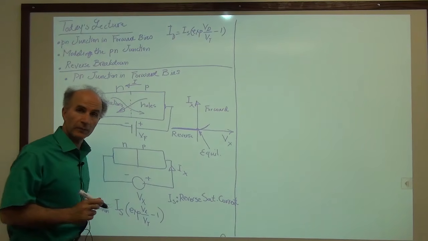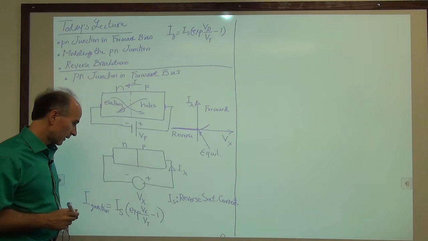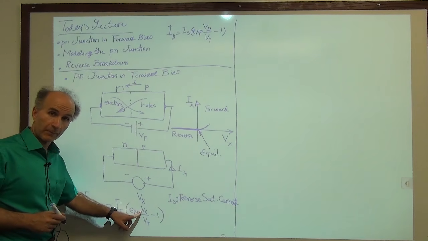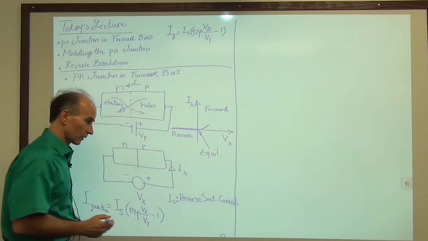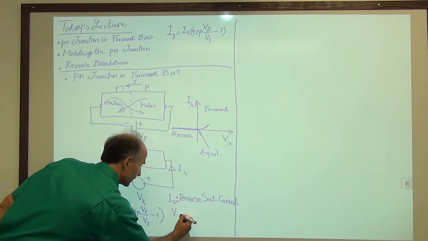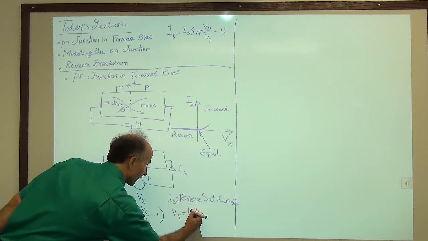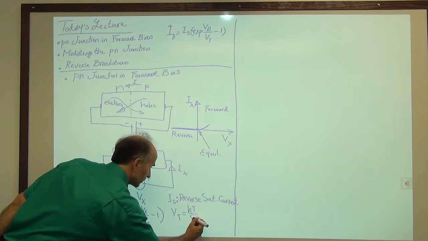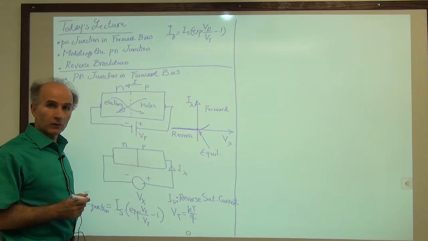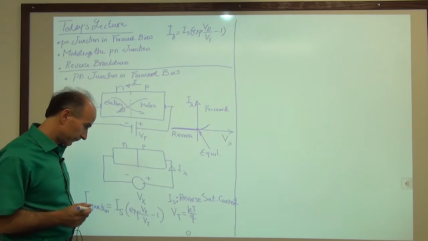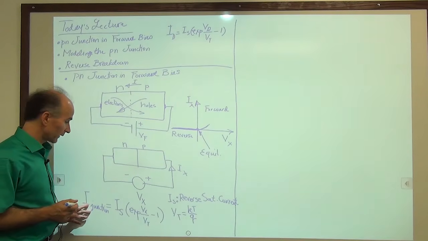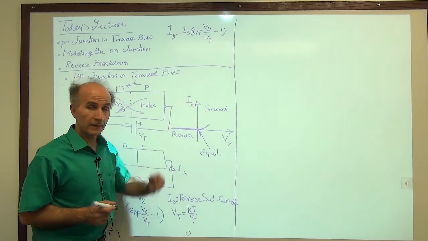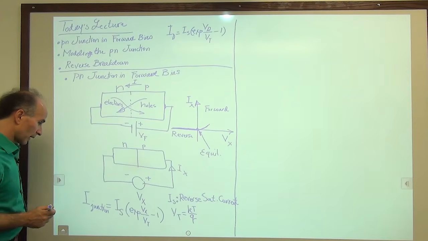It's just a name, don't worry about it too much. And then Vx is the voltage that we have applied across the junction, and Vt is the thermal voltage. If you remember, we said Vt is defined as kT over q, 26 millivolts at room temperature. So this equation is what governs this plot here.